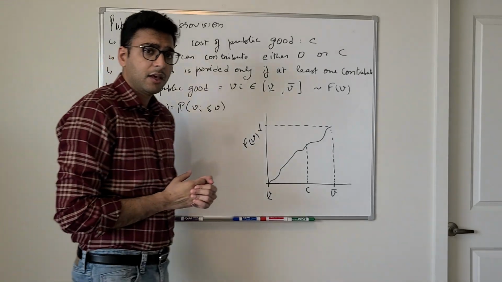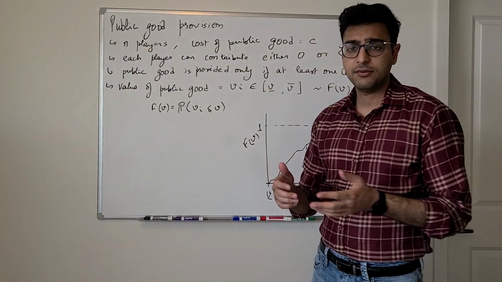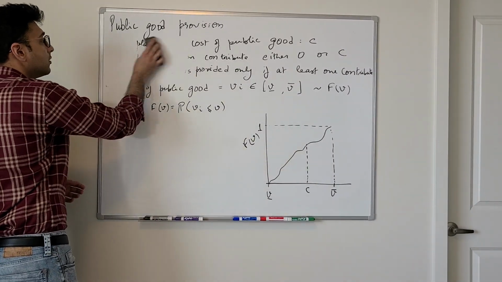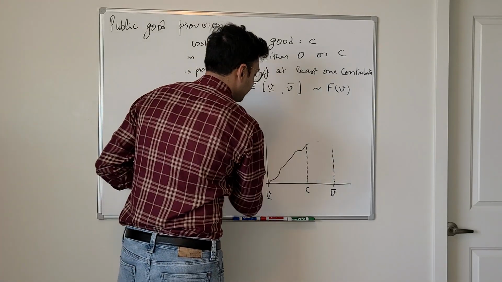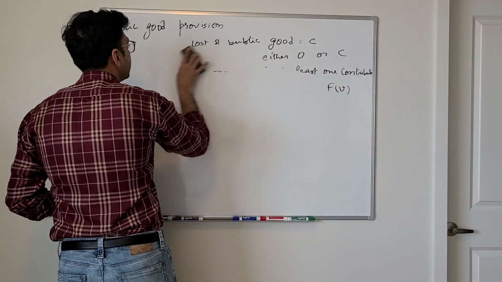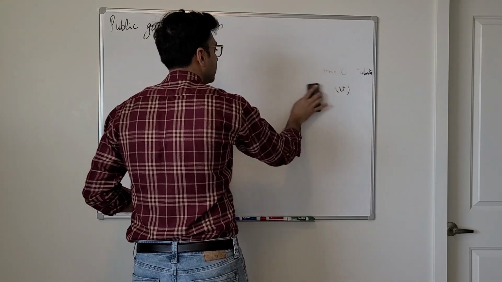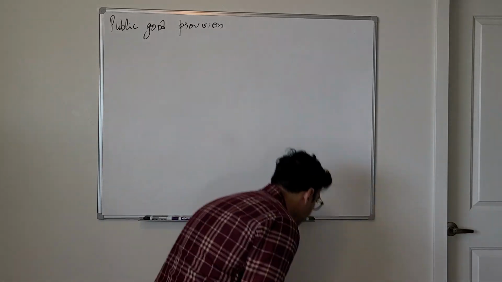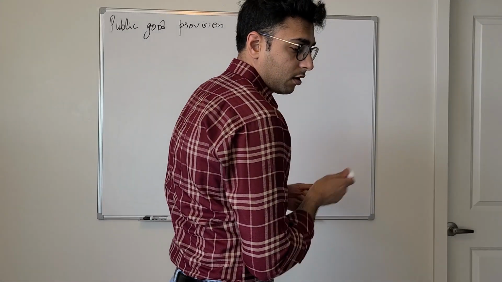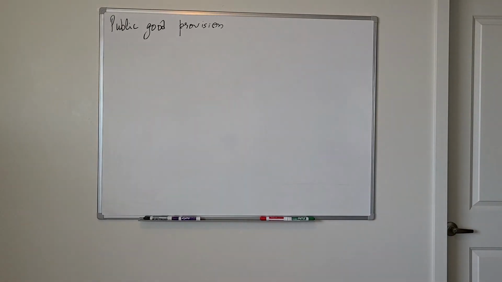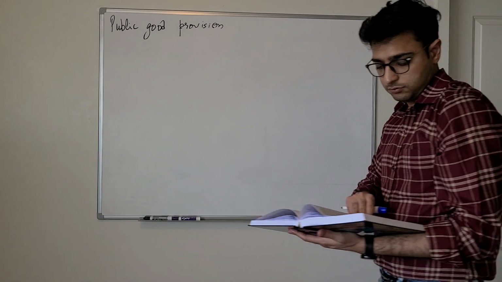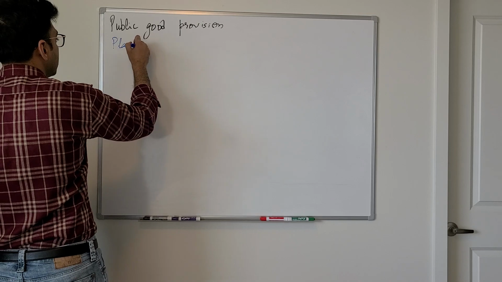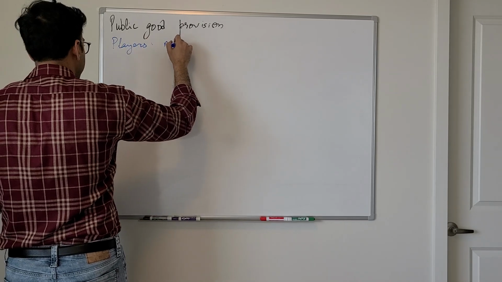Okay, let's define this game a little more formally by writing out the players, beliefs, states, actions, and all that. The players here are the n individuals.